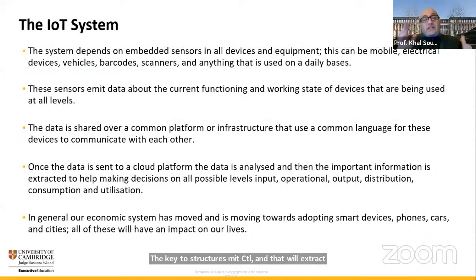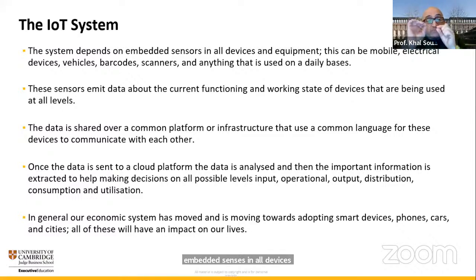So what is an IoT system? An IoT system is about a system which depends on embedded sensors in all devices and equipment.